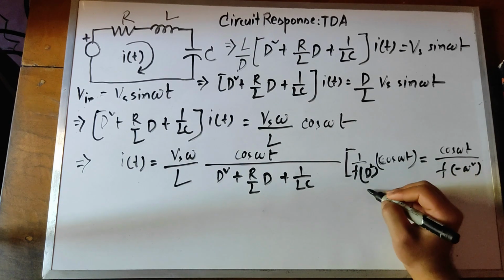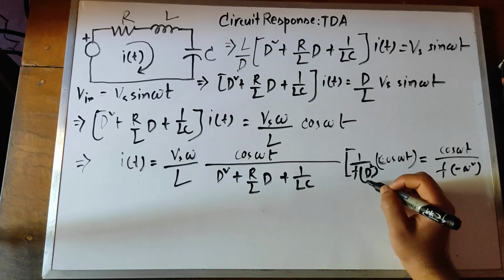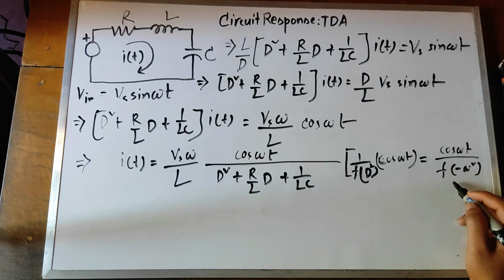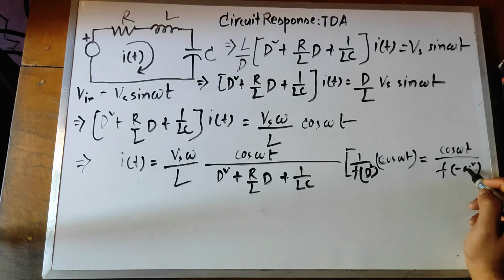If the function has, in the denominator, a function with D, the differential operator, and it has a D squared term, then D squared will be replaced by minus omega squared, omega being the coefficient of the angle in cos omega t.